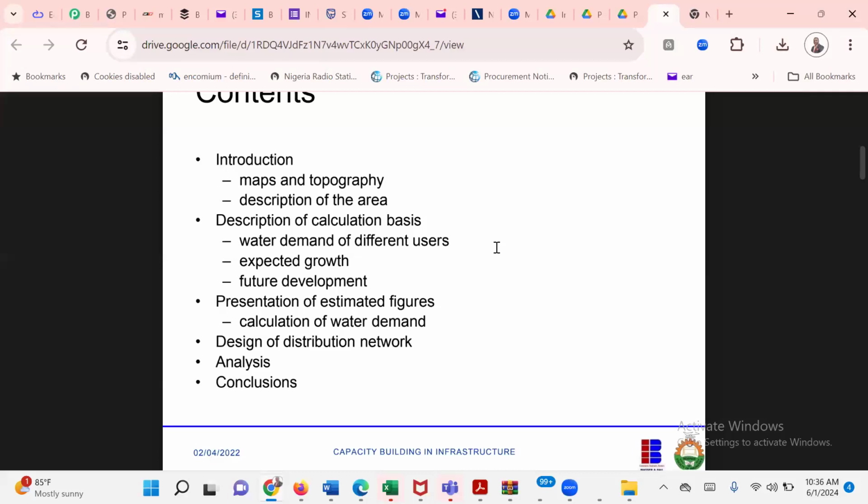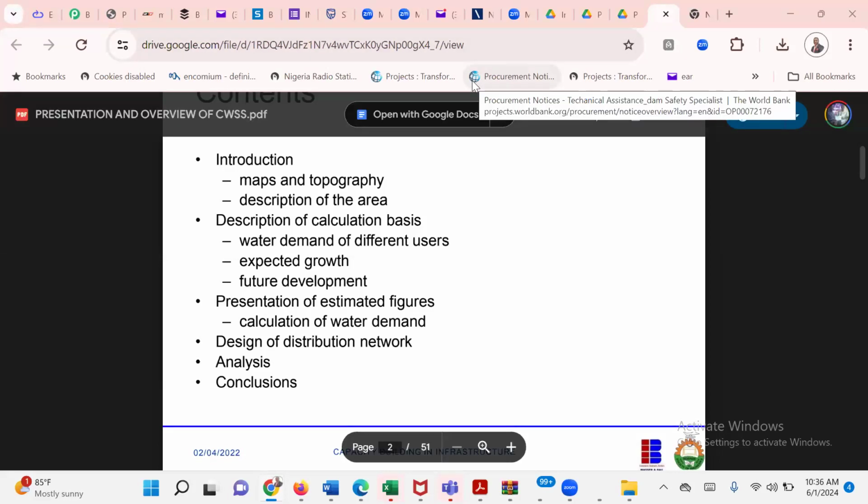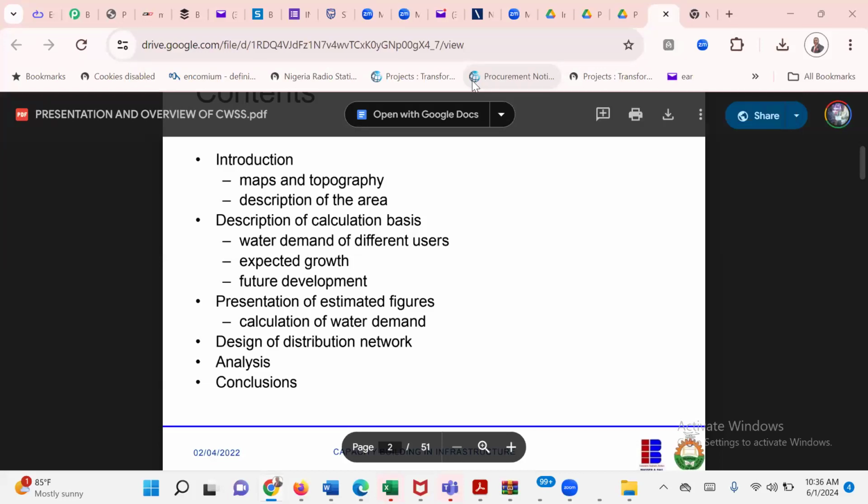If I'm designing for a new virgin city or a new layout, my design must be able to accommodate the lifespan of that water project. If I expect a water project to last for 20 years, it means I need to extrapolate the population to accommodate 20 years.